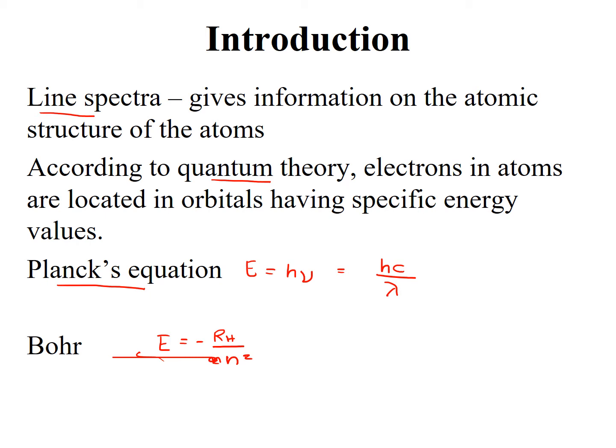Accordingly, in going from one energy state to another, the energy of the radiation absorbed or emitted can be represented by the following equation: the energy is equal to the final energy level minus the initial energy level.